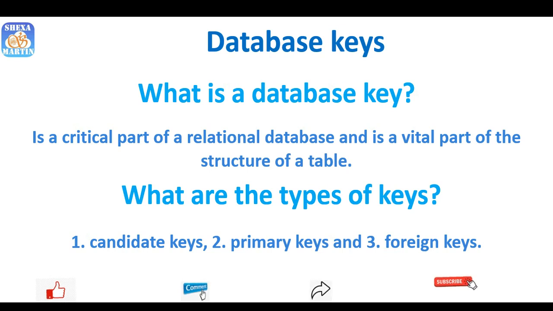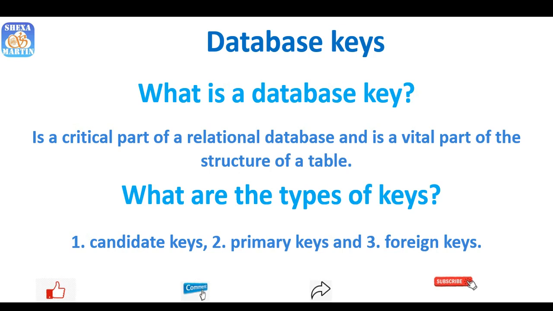So we have a primary key, and we can also have an alternate primary key or a secondary primary key. A secondary primary key and an alternate primary key are the same, but you won't find it written as secondary primary key or alternative primary key; you find it written as secondary key or alternate key.